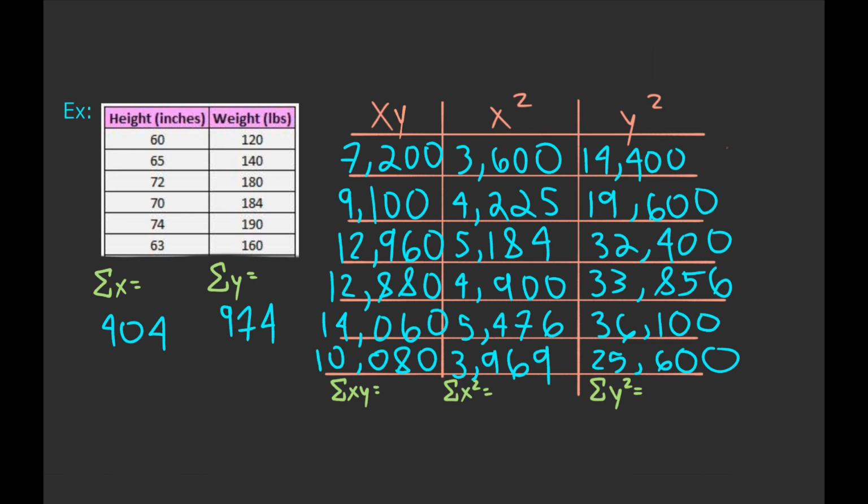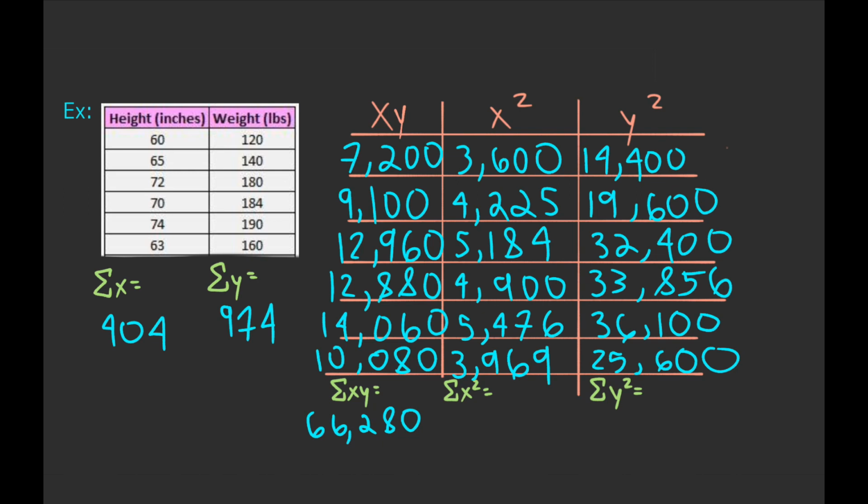Now we're going to find the sum of x times y. So that will be 7,200 plus 9,100 plus 12,960 plus 12,880 plus 14,060 plus 10,080, which equals 66,280. Next, we're going to find the sum of x squared.